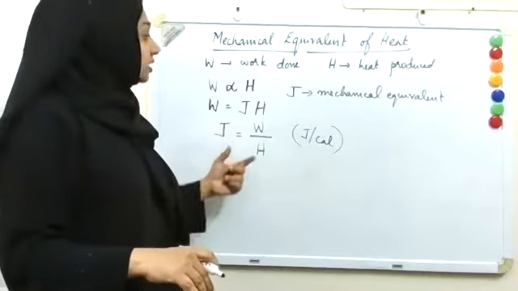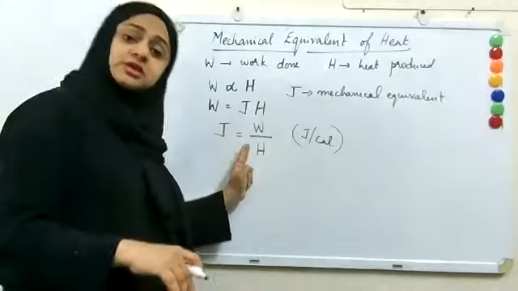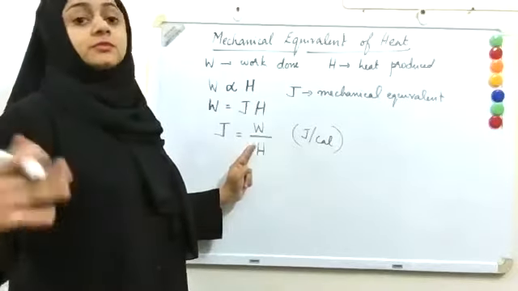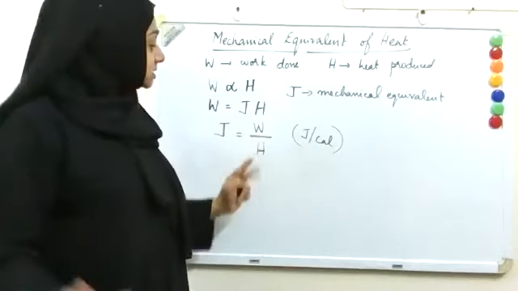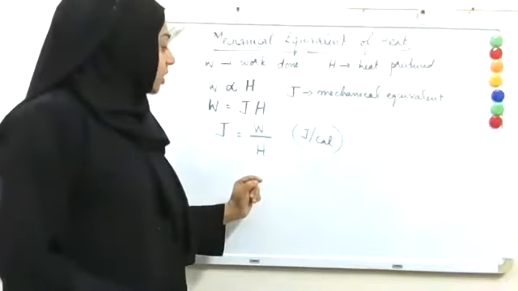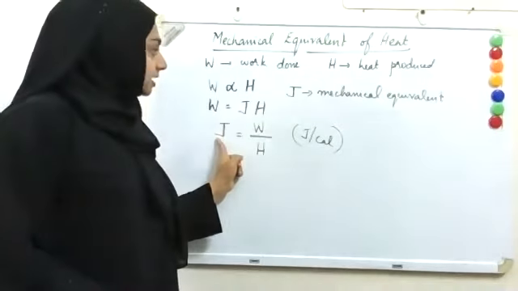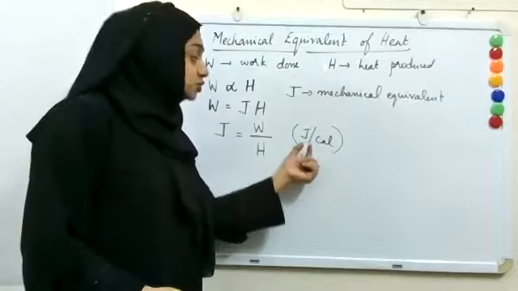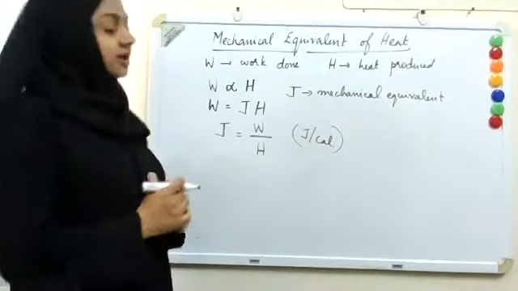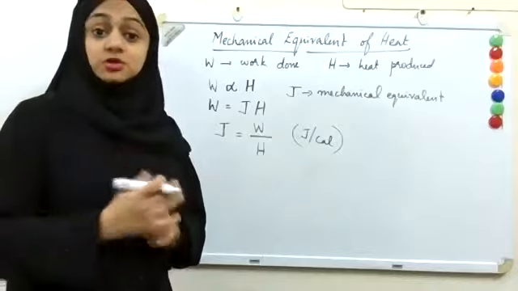Therefore, the mechanical equivalent of heat doesn't have any dimension, but when we use the old concepts of units, where heat energy was measured in calories, we call that the mechanical equivalent of heat has a unit joule per calorie. And what is the value of this mechanical equivalent of heat? It's a constant value.